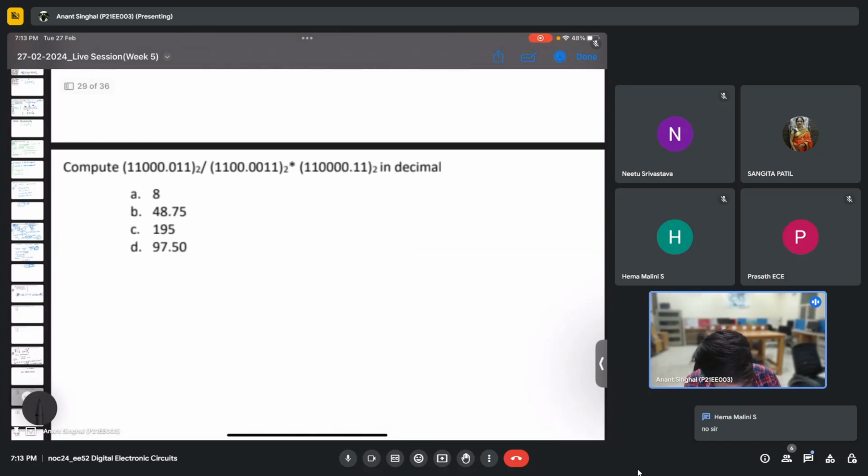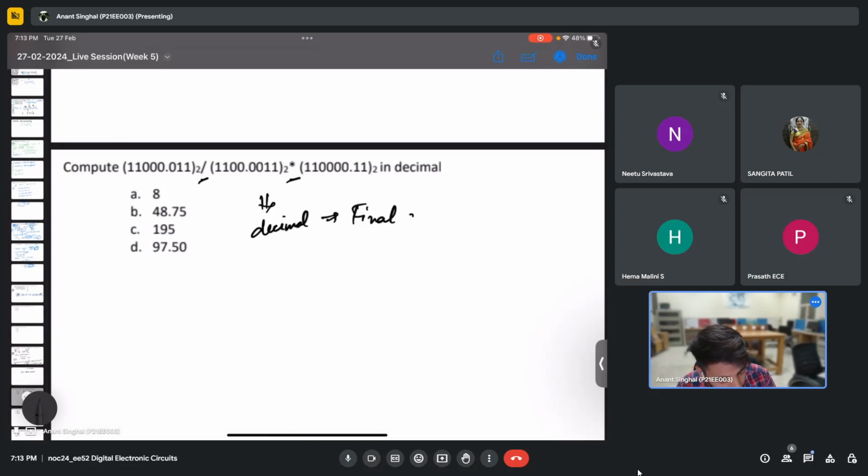Okay, so now this is a decimal conversion. So this is division and multiplication. The basic method will be to convert each of them to decimal and then find the final answer, because binary division and multiplication is not straightforward. So try to do that and let me know the answer. This is very easy, basic.